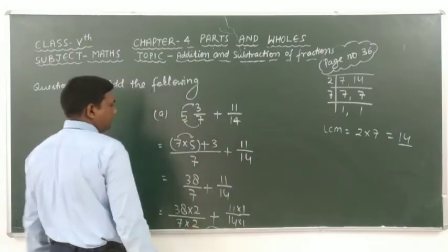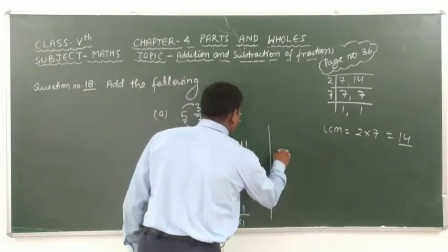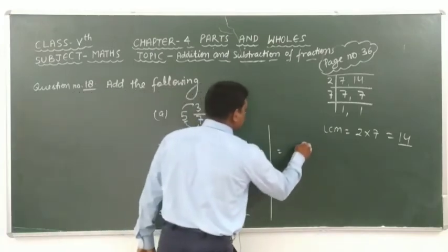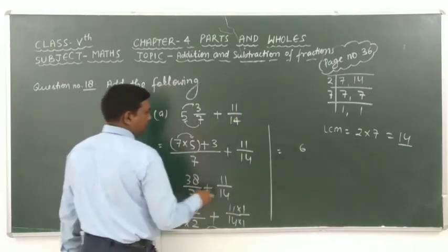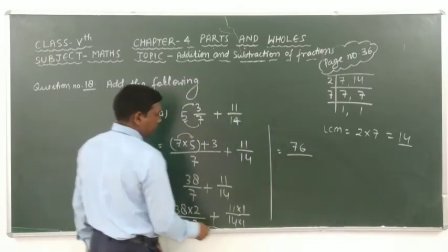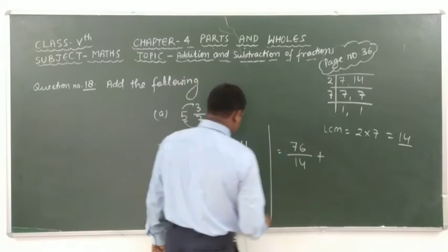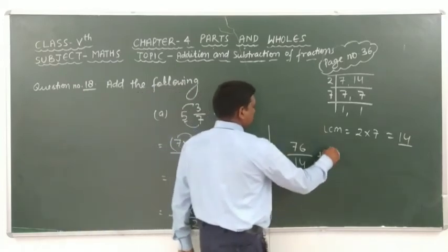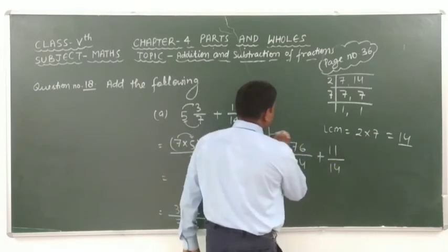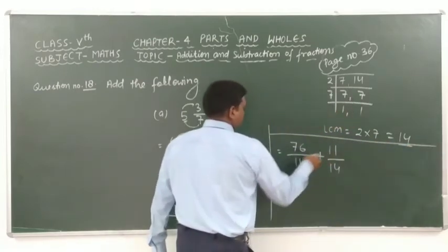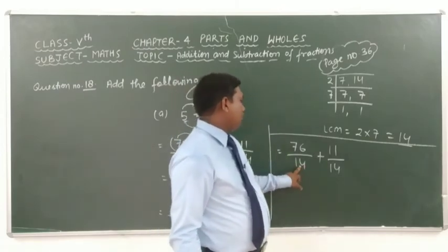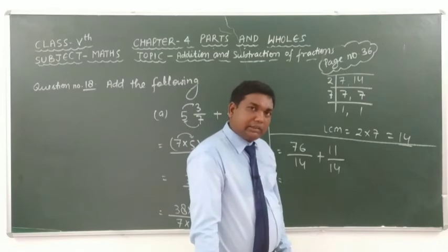After solving these, we get 38 times 2: 8 times 2 is 16, write 6 carry 1, 3 times 2 is 6 plus 1 is 7. It means 38 times 2 is 76, and 7 times 2 is 14, plus 11 times 1 is 11 over 14 times 1 is 14. After this we get 14 and 14 as the same denominator.